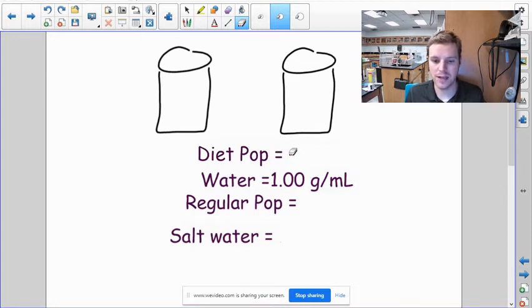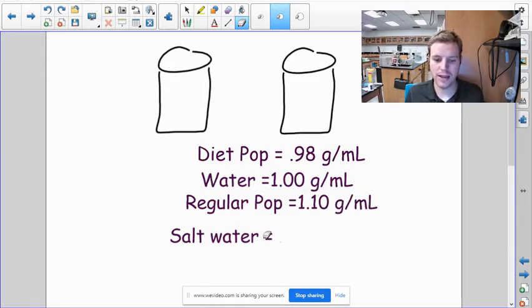And typically speaking, Diet Pop has a density of about 0.98 grams per milliliter, and that's why they float. We also saw that regular pop sank in regular water, and so regular pop must have a density that's greater than 1.00, and they will typically have a density about 1.10 grams per milliliter.